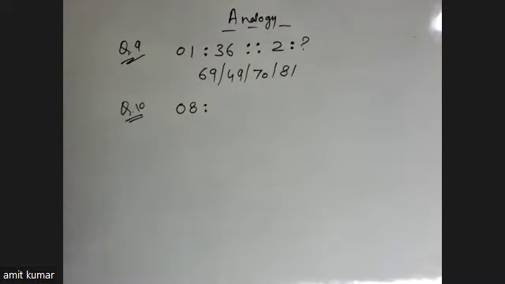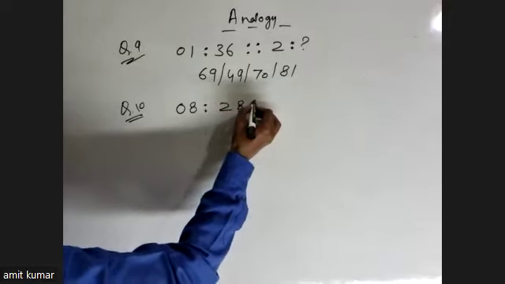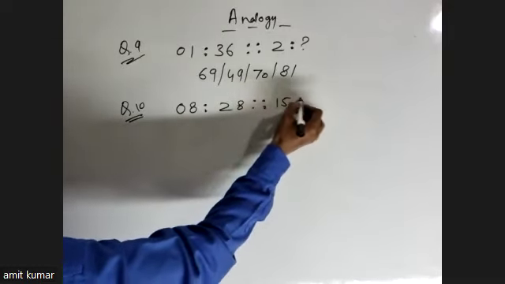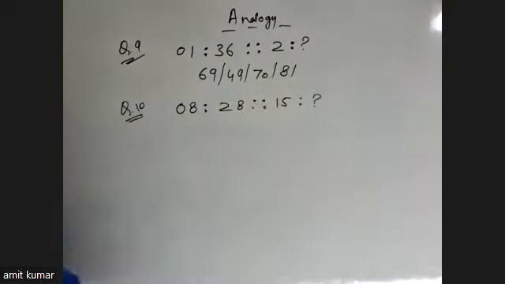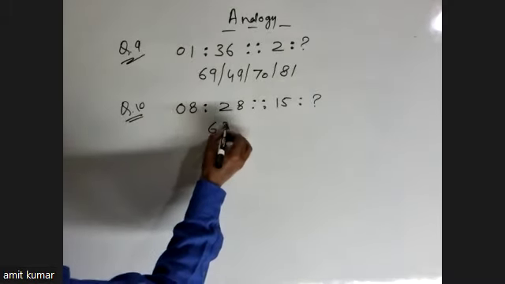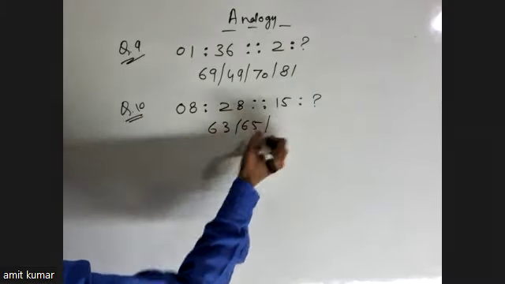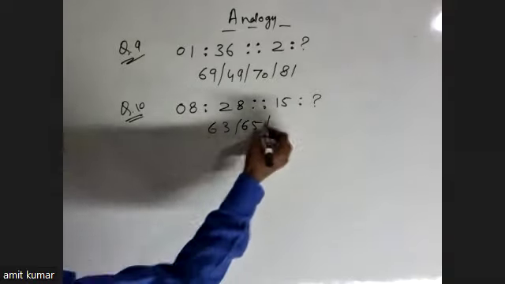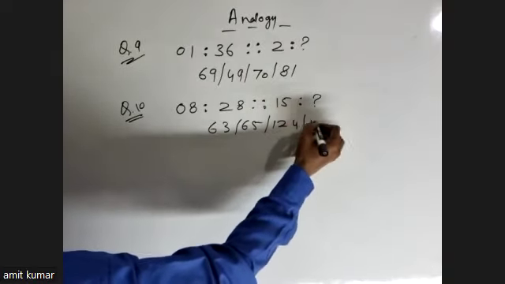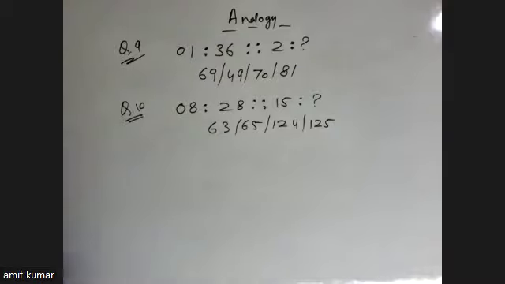8 is related to 28. In the same way, similarly, 15 is related to what? Options we have are 63, 65, 124, 125. Try to solve these two. A little bit of calculation is there.